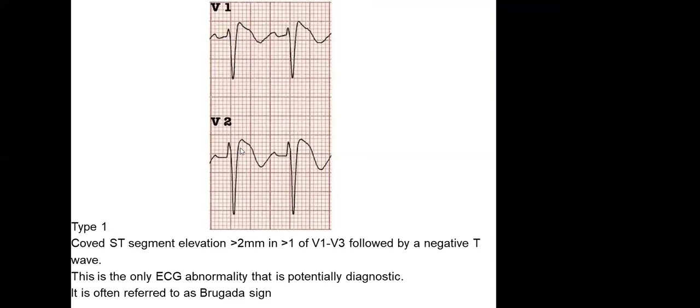What is 1 mm? This is 1 mm. More than 1 mm in V1 to V3, followed by a negative T wave, is the typical pattern seen in Brugada.